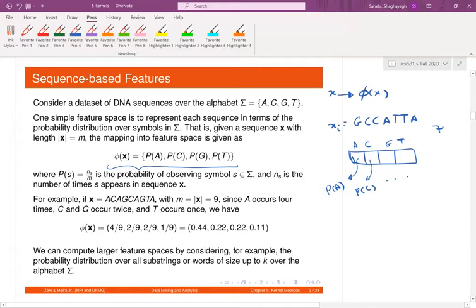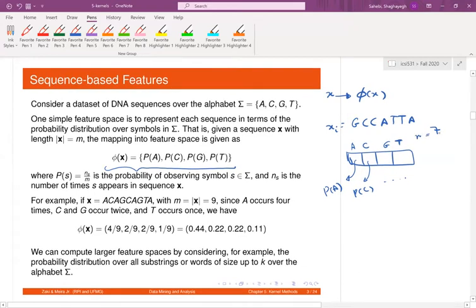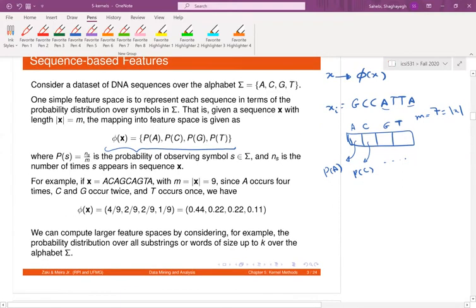Okay. I can see that, let's call this M, which is the length of my sequence. And I can see that there are 2 times that A is defined here. So my vector representation of xi, phi of xi, is going to look like this.